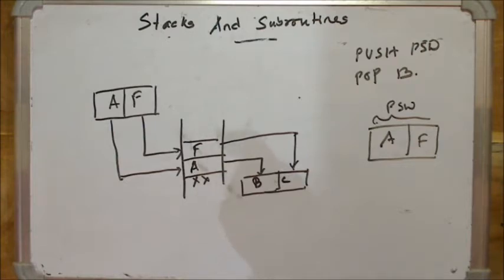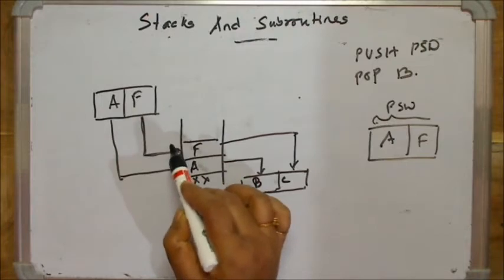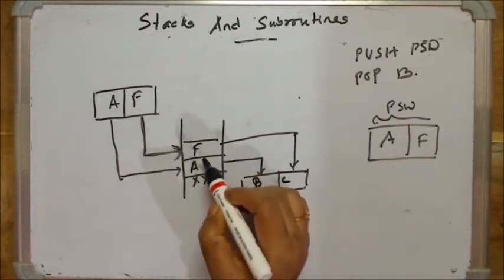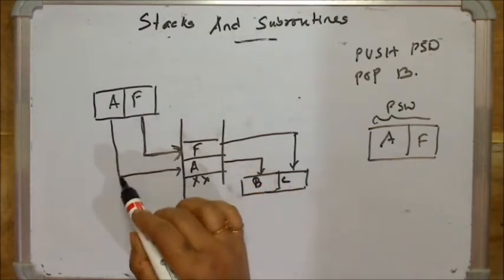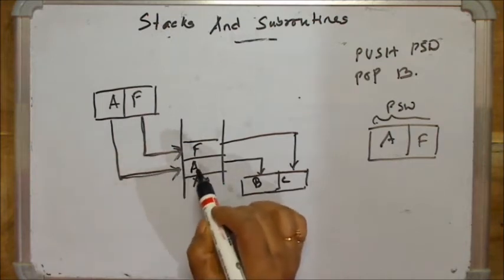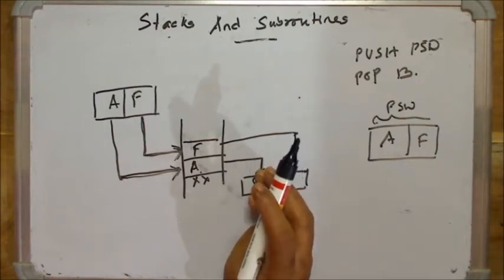So next I have written pop B. That means I am popping the data into the BC pair. After push PSW, the status of the flag has gone to the stack, and the contents of A have gone to the stack. Right. So after I write pop B, what will happen?